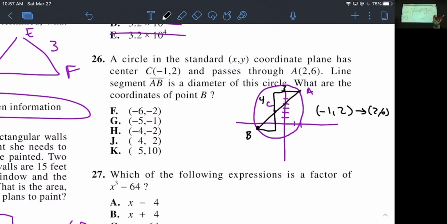So to get to point B, I'm going to fall down 4 and run over 3 in the opposite direction. If I fall down 4, I'm going to be at -2, and if I run over 3, I'm going to be at -4. So I'll be at -4, 2. Does that kind of make sense? That's the easiest way to do that problem, visually, without having to use formulas or anything like that.